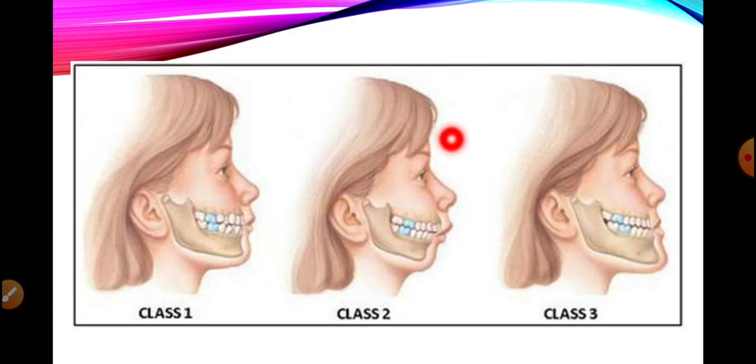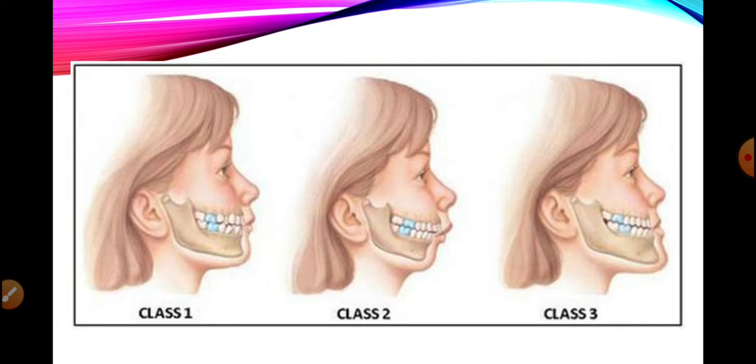Why is a convex profile seen in cases of Class 2? Because either the maxilla itself is forward, or the mandible is backward, or the maxilla is forward and the mandible is backward.